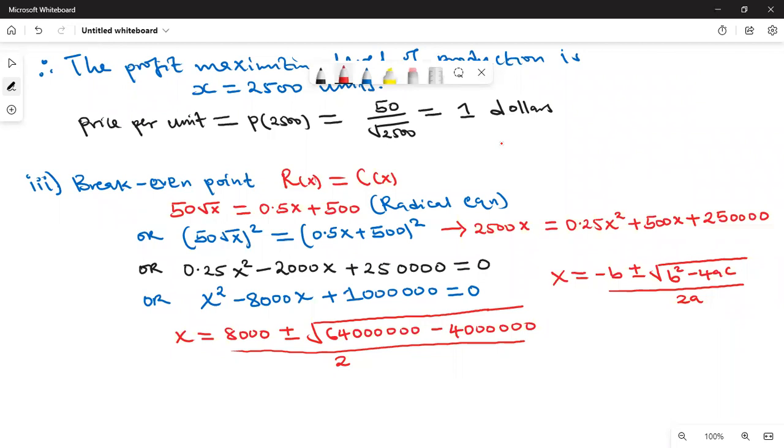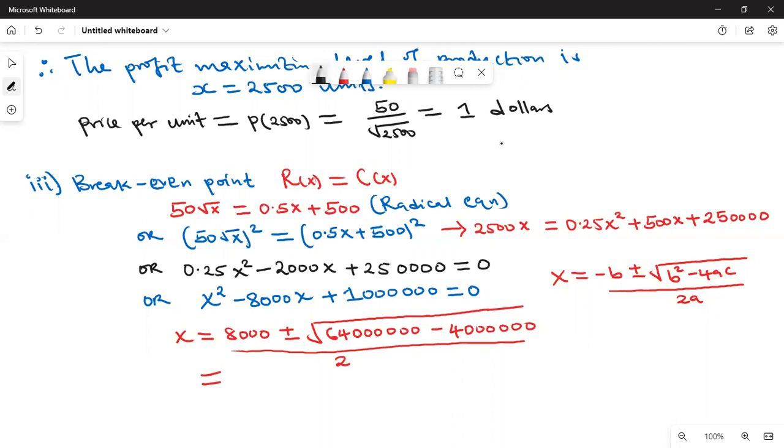Of course, the result will be a decimal. Because this x means the number of units produced, we can round to the nearest whole number. The root of 60 million is 7,745.967.